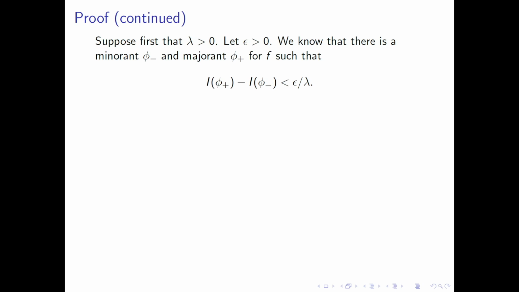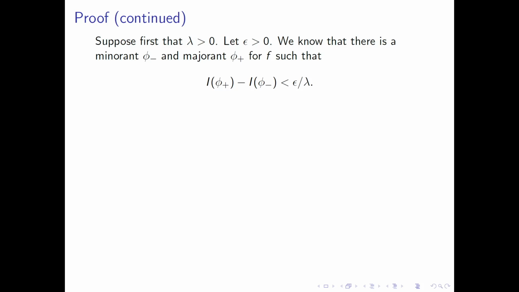In the first of these, we're just scaling our function f by some constant lambda. We're assuming that f is integrable. So that means it has a majorant and a minorant whose integrals differ by as small a number as I want.